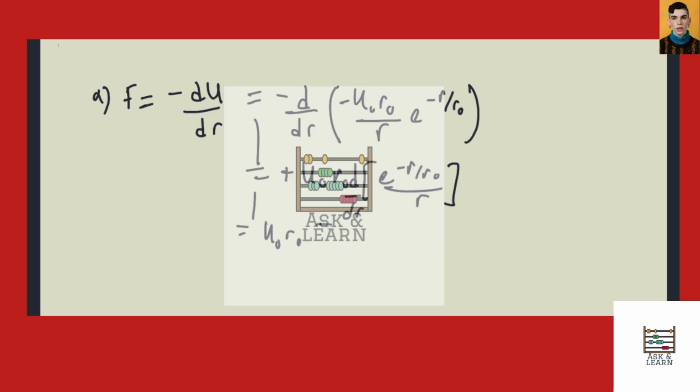Okay, so what you have here is, let's look at this one, e to the minus r over r naught times the derivative of 1 over r. And so that's negative 1 over r squared. And to that we add 1 over r times the derivative of e to the minus r over r naught, which is actually just minus 1 over r naught.